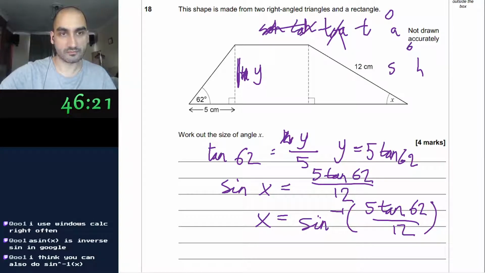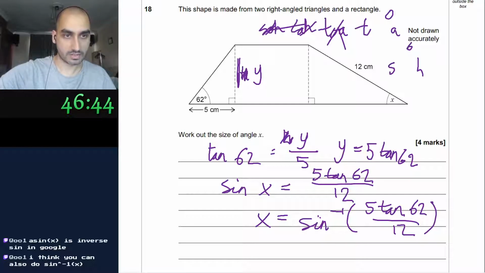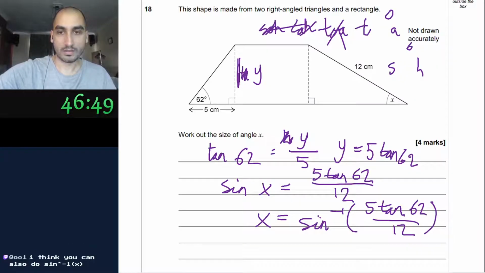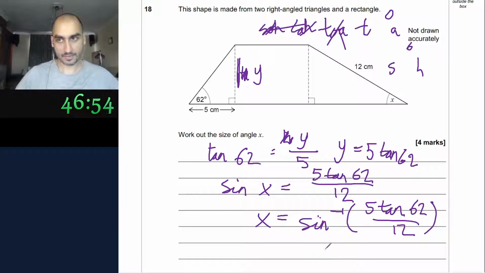Why is it giving me the answer in radians? Okay, fine. Say in degrees. There we go, 51.59. 5 tan 62 degrees divided by 12, inverse sine, equals 51.59.